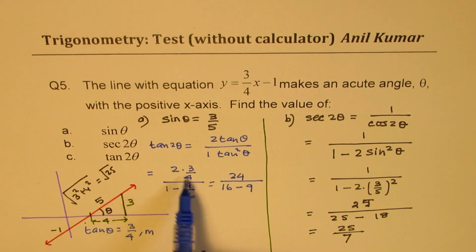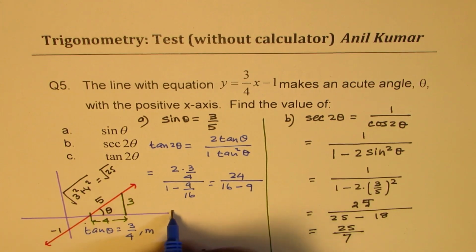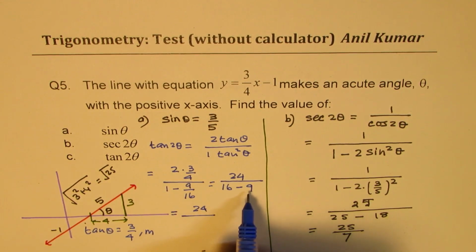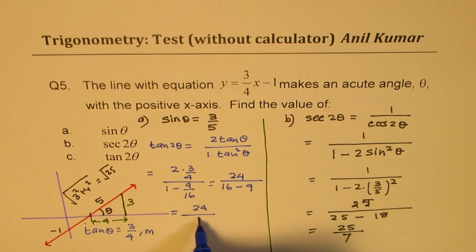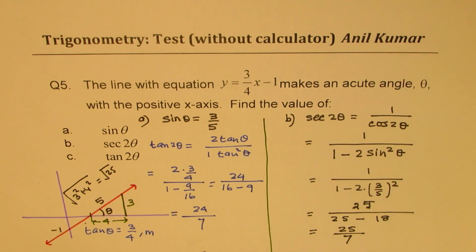Now here, we'll do 8 times 3, 24, and get our result. So we have 24 over 16 minus 9, which is 7 again. So we get 24 over 7 as the value of tan 2 theta. So I hope you find this calculation simple enough, and that is how you could work with fractions and get your result without a calculator. Okay?